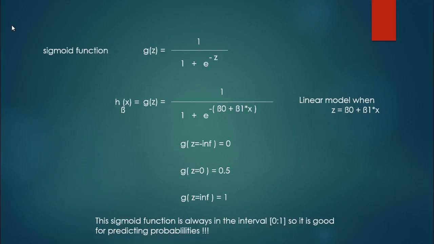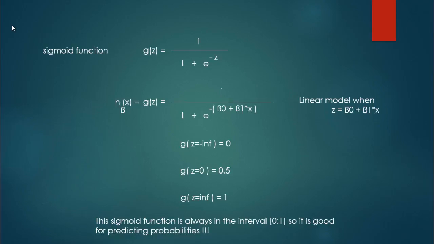And this sigmoid function, as we said earlier, has a property that it's going to be greater than 0 and less than 1. So if z is equal to minus infinity, then this g sigmoid function is going to be 0.